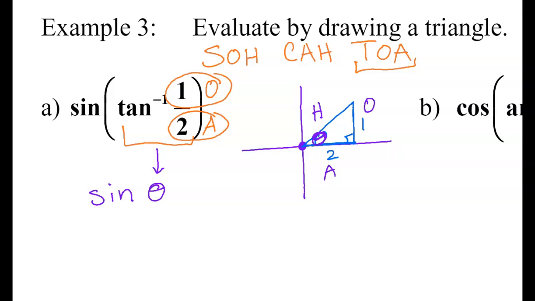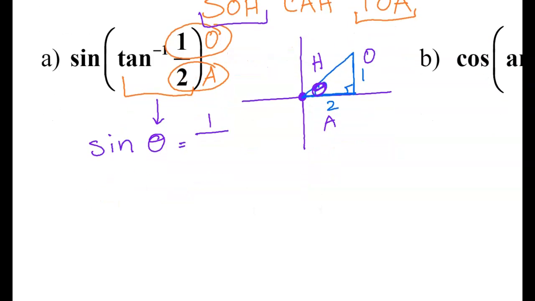So all I now need to know is what the sine value is for that angle, which we know sine is O over H. So we have our O value, it's 1. What are we missing? H. How can we solve for H?